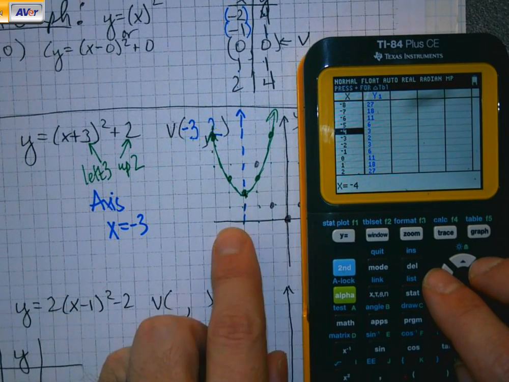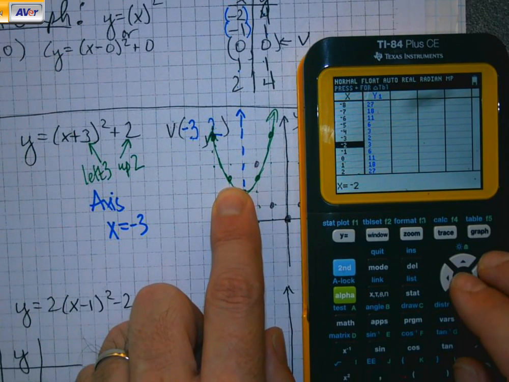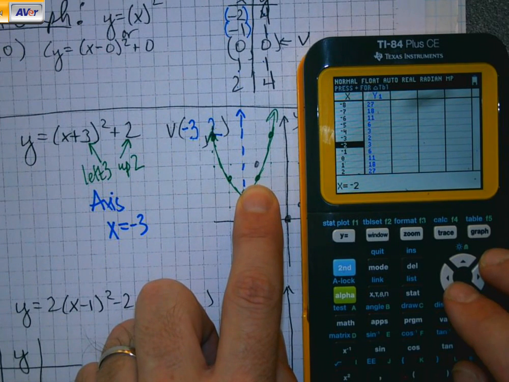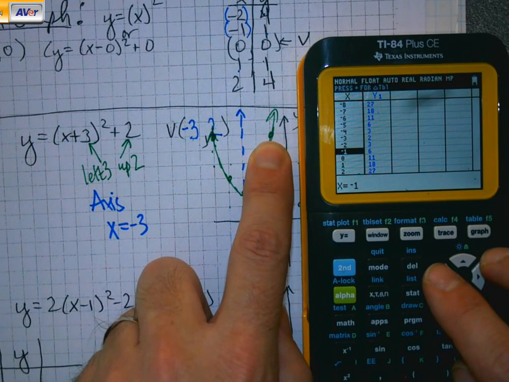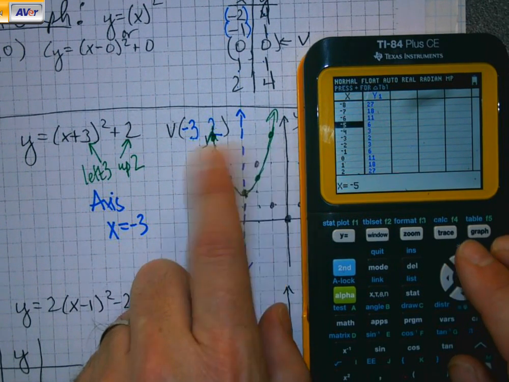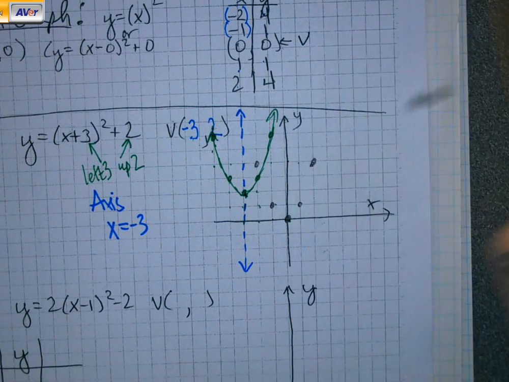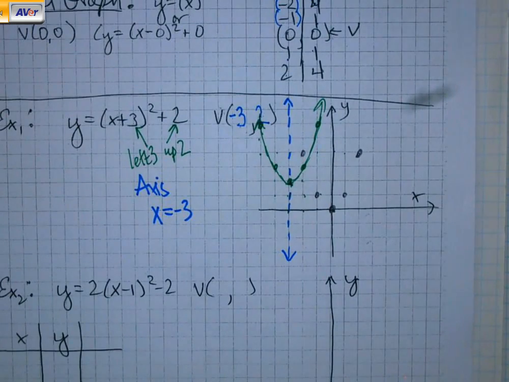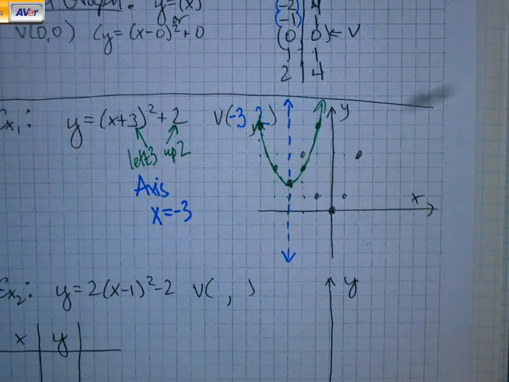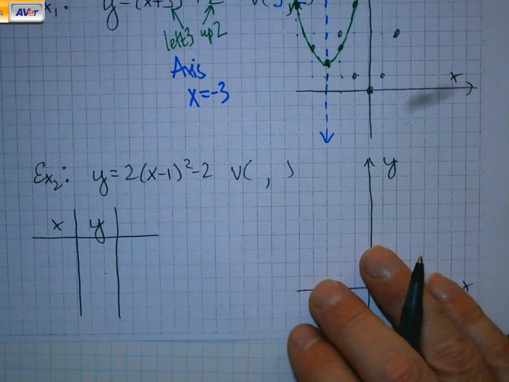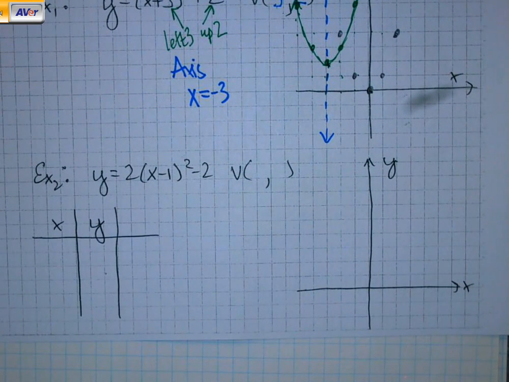Negative 4, 3, right here. Negative 2, 3, right here. Negative 1, 6. Negative 5, 6. I can find those points. Once I've got the center, then just take a couple on each side, and you'll see the symmetry, and you can make your graph that way too. So I guess we'll call it option 3 or option 1.5, whatever it happens to be.